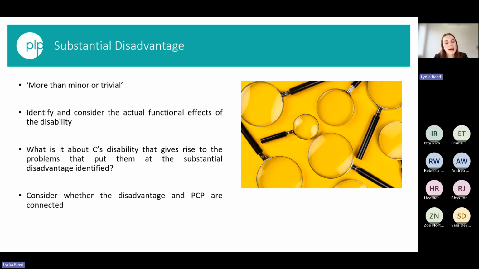So critically analyse and take stock of the disability and the symptoms alleged, say, in the medical records and the disability impact statement, and assess really, does it line up with the suggested substantial disadvantage? The tribunal will judge the position on the true facts rather than what parties believe.